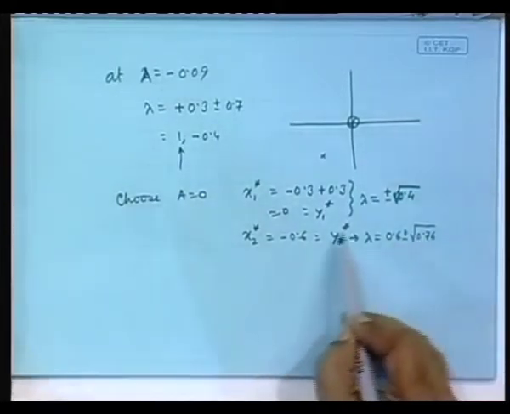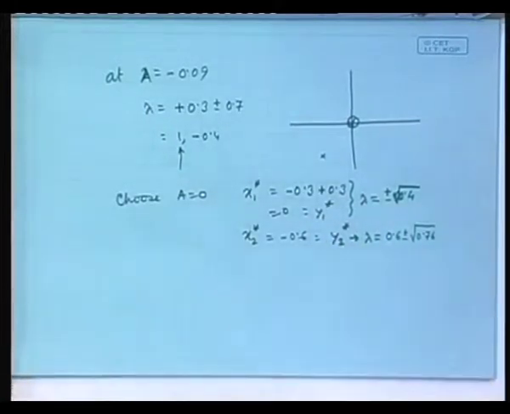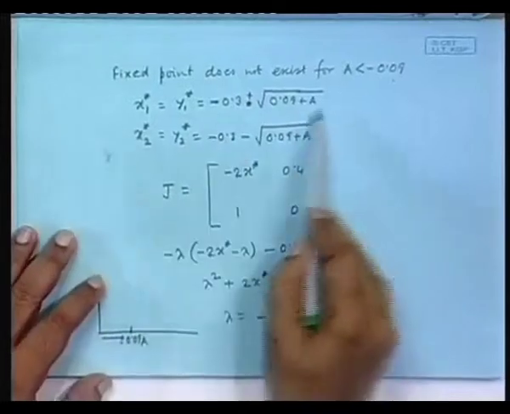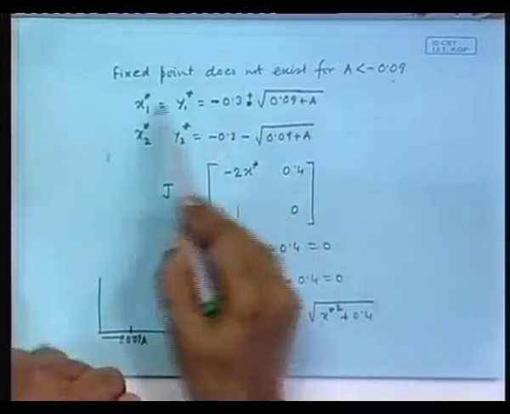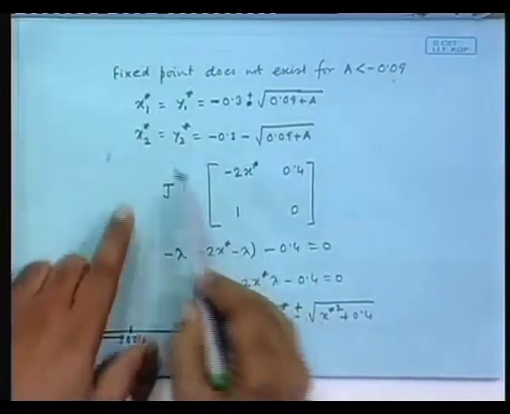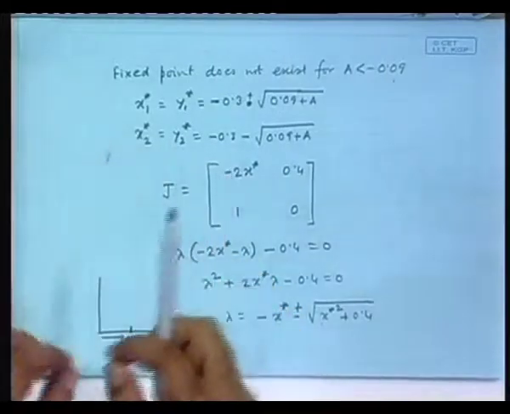These two fellows will shift in position, because the positions are dependent on a. As you change a, these fellows will shift in position, but since x and y are the same all the time, their position will always be on the 45-degree line. Nevertheless their position will change and also their stability status will change.